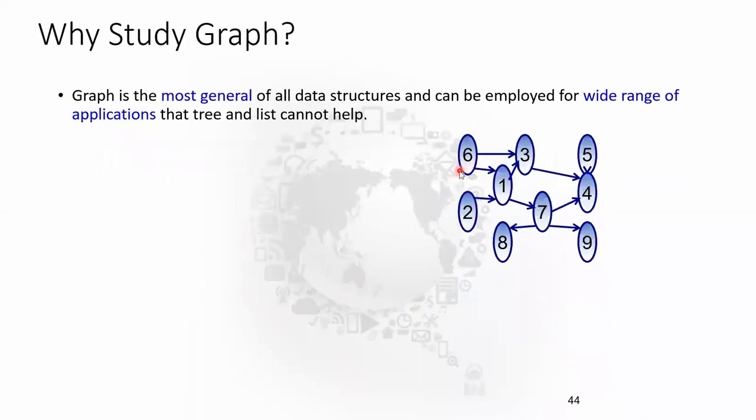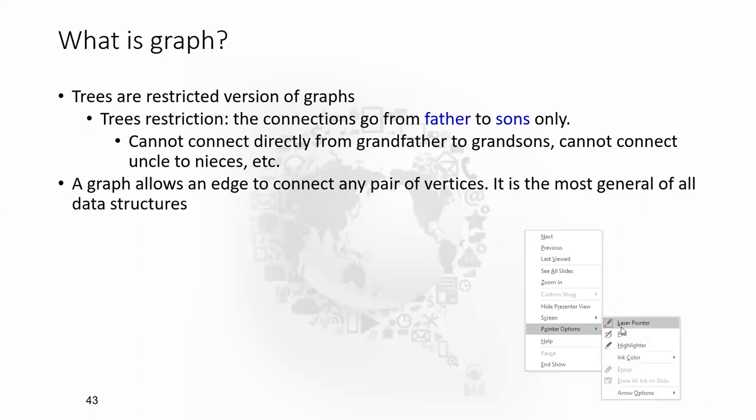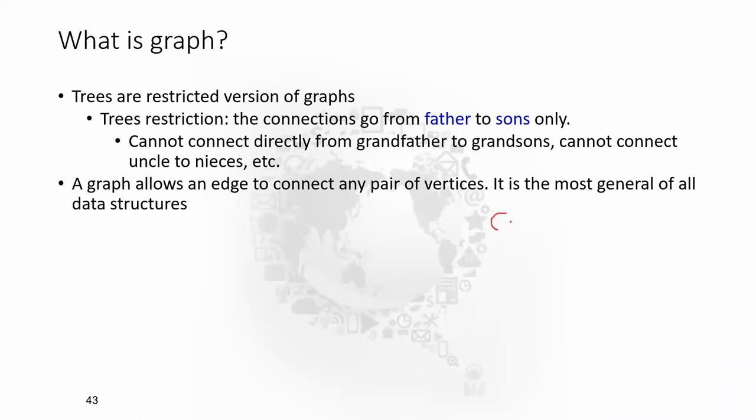So trees are restricted versions of graphs because they go from father to sons, from up to down. It cannot connect directly from grandfather to grandsons, or from uncle to nieces. In the tree over here, let's say this is your grandfather, you have your father, and this is your uncle.